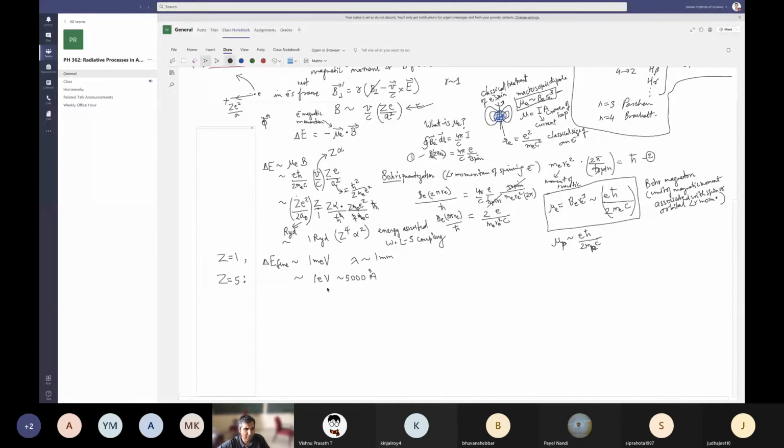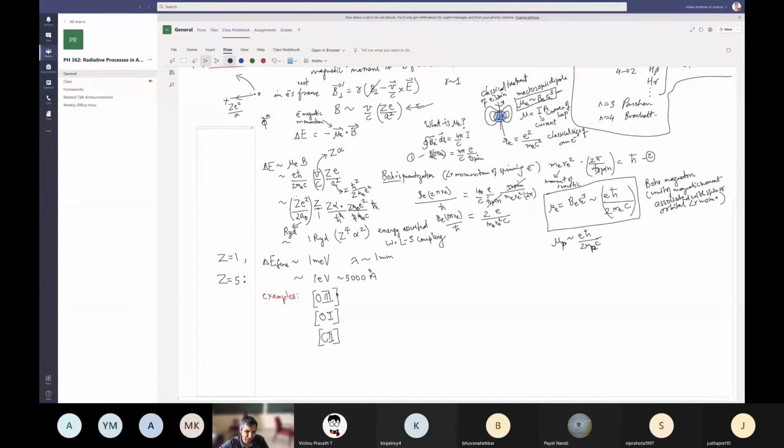So this is about fine structure. Some examples of popular fine structure lines in astrophysics are oxygen 3, oxygen 1 and carbon 2.